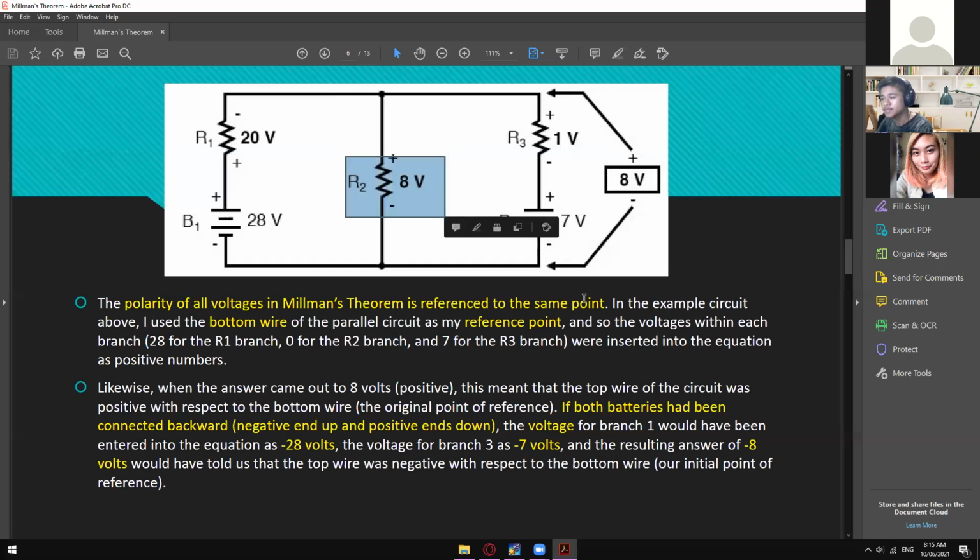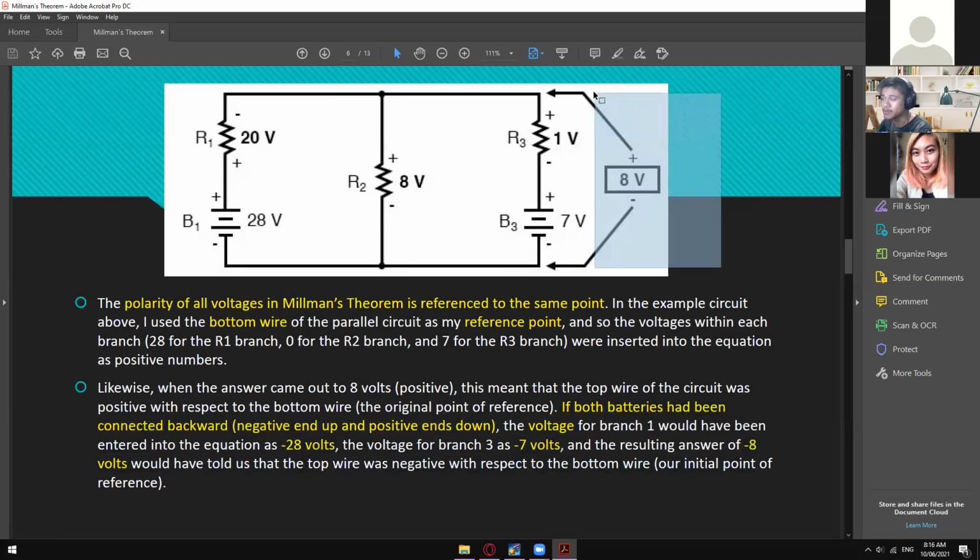That is always your basis when it comes to putting the polarity of your calculated voltage across your entire circuit. That's why I highlighted this one right here, that if it's negative, then we have negative 28, negative 7, and then negative 8 volts. So are we clear so far on what would be the polarity of the calculated voltage across your entire circuit?